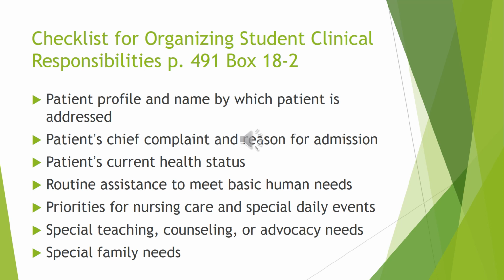Possibly therapy, depending upon where you were at, or a specialist. So your patient's name and profile should have been given to you. If you were in acute care setting, their chief complaint or reason for admission should have been given to you, or you should have received that in a report from your nurse. The current health status, you should have received a report from your nurse.